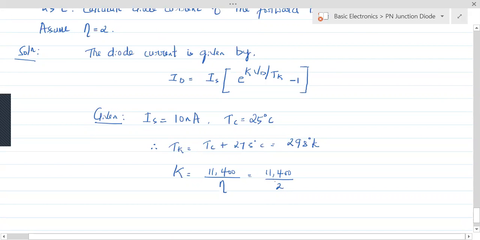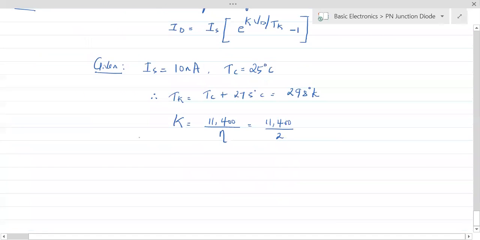Now see what's going to happen. Therefore, ID is given by 10 into 10 power minus 9, because it is nano, a very small current because it is leakage current.